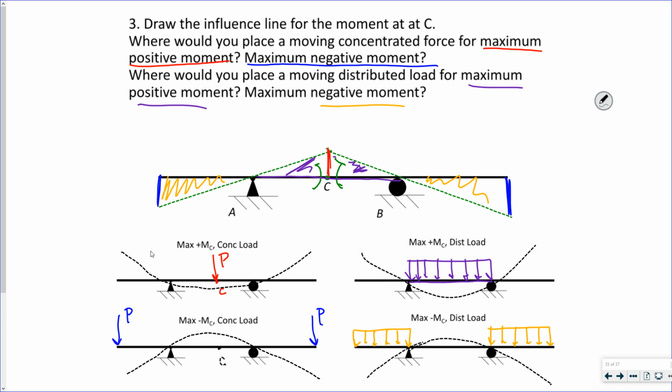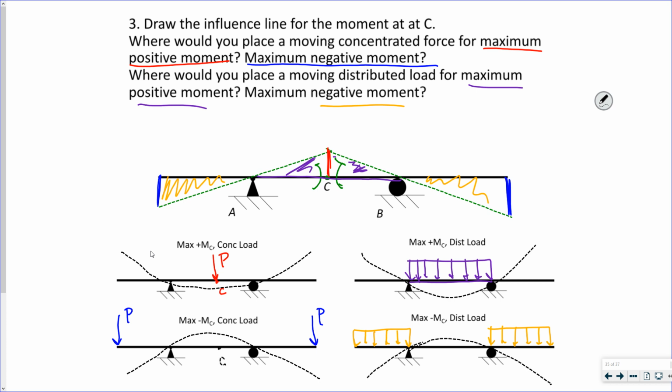So that is how you can use your influence lines to determine where you would place a force or distributed load for maximum effect, right? If I wanted to find the maximum influence on a certain value, where would I place my loads?